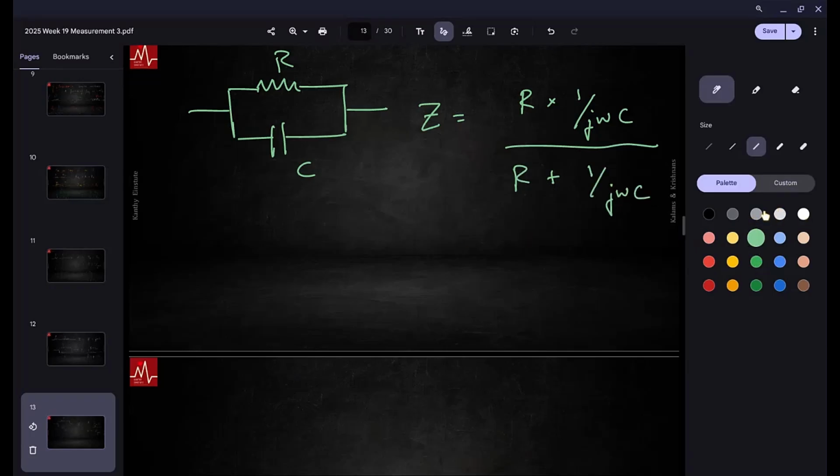Simplify this if you want. Okay. j omega C will get cancelled. And this will be R by plus j omega R. Will cancel with this, and there is of course j omega C will show up here.